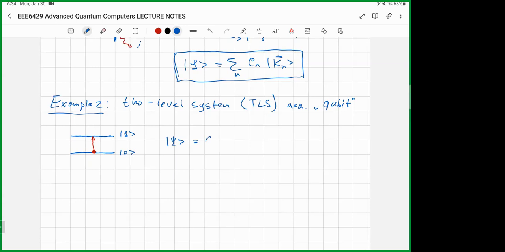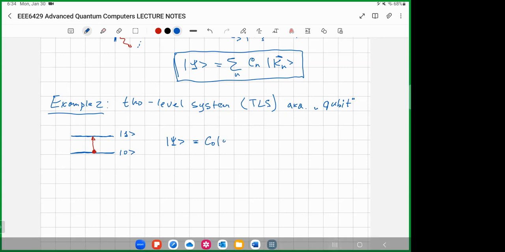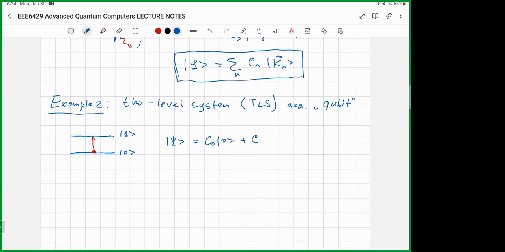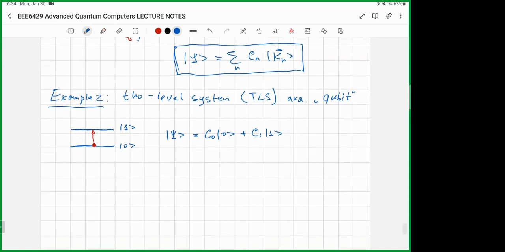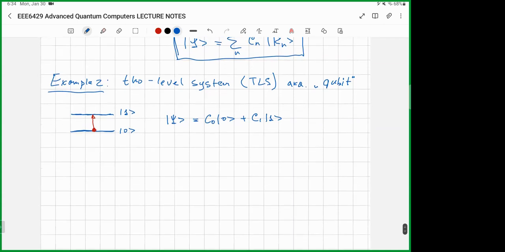So it will be psi equals c sub 0 vector 0 plus c sub 1 vector 1. And these vectors 0 and 1, we already introduced in the previous discussion. So vector 0 was 1 0, right? And vector 1 is 0 1.